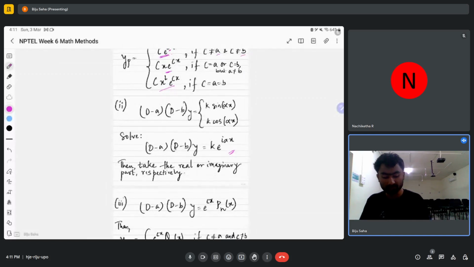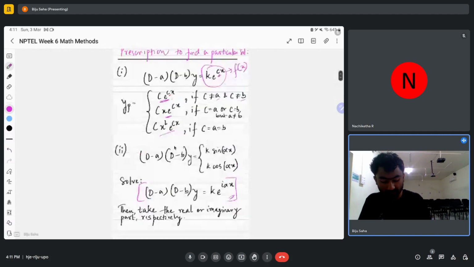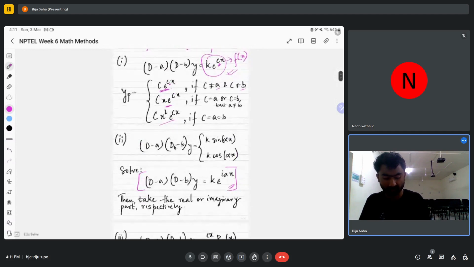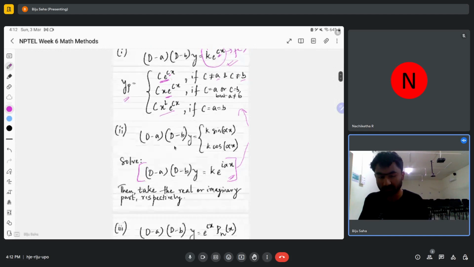This equation is nothing but equivalent to this particular equation, where your c is i alpha. So again you can come back to this case and check whether a equals b, or whether a is equal to i alpha or b is equal to i alpha, or none of them are equal. So depending upon the case, you can conclude what will be your particular function, the yp here.